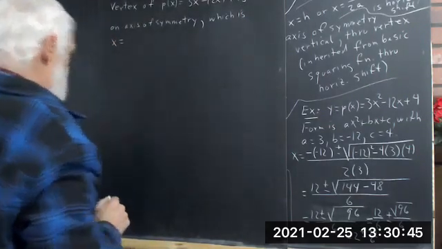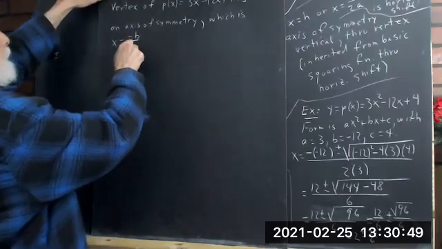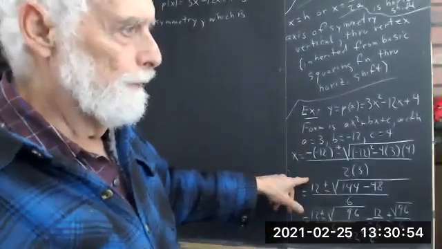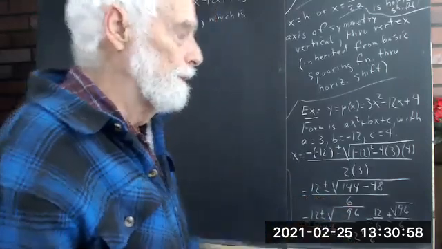Which is at x equals negative b over 2a. Well, here's our negative b. Here's our 2a. That's just 2.